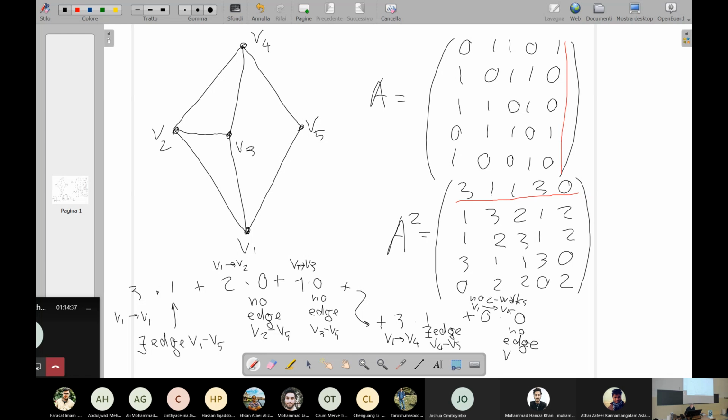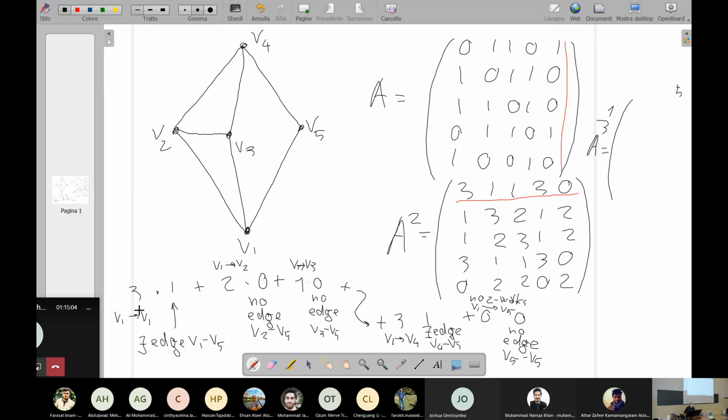V5. Okay, so this is exactly this product, row by column, which gives us in A cubed at the position 1, 5, what?